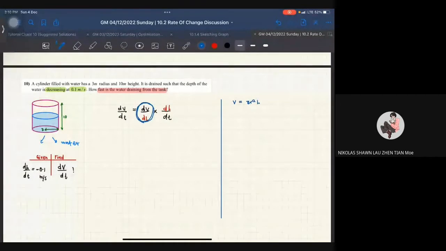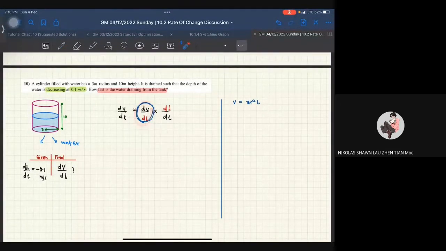cylinder. Okay, tapi kita sekarang nak cari dV dH, which we only need to have H in our function. Tapi sekarang kita ada R. So, macam mana kita nak hilangkan this R? Substitute in R equals to 3. Yes, exactly. Okay, so we can substitute R equals to 3.